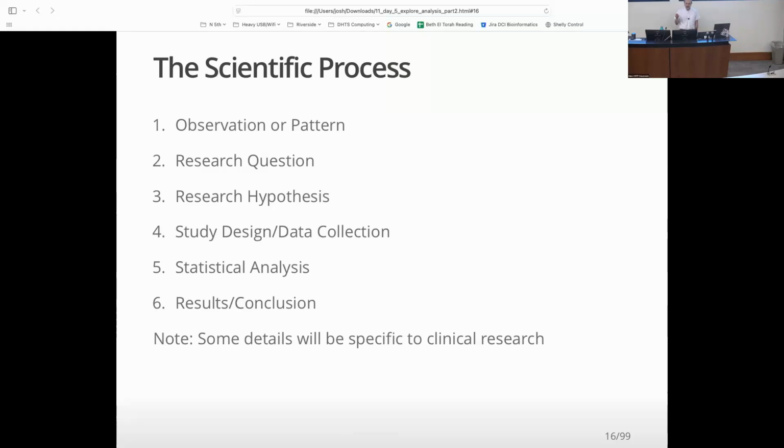The second step is, based on that, formulating a research question. The third step is, based on the observation and the research question, developing a research hypothesis. Then, based on the research hypothesis, comes the study design, the data collection plan, and data collection. And then there's a statistical analysis of that data. And then one draws conclusions based on the results of that analysis.